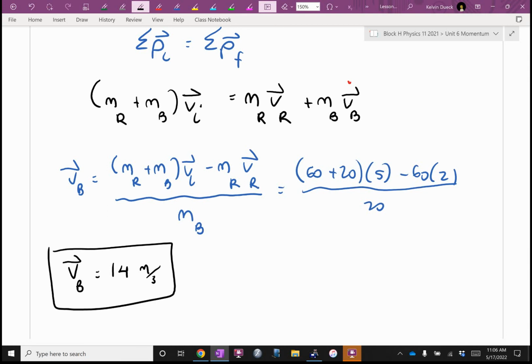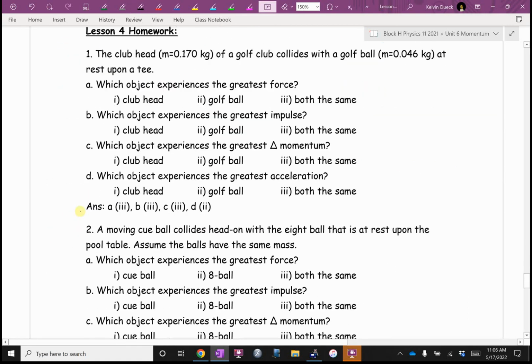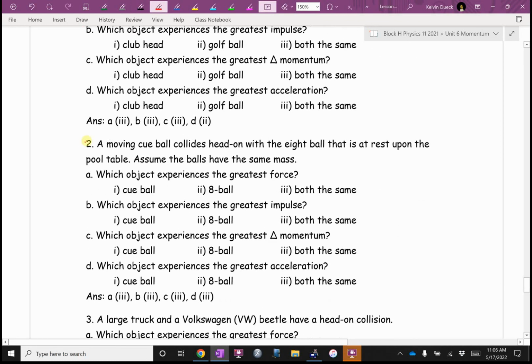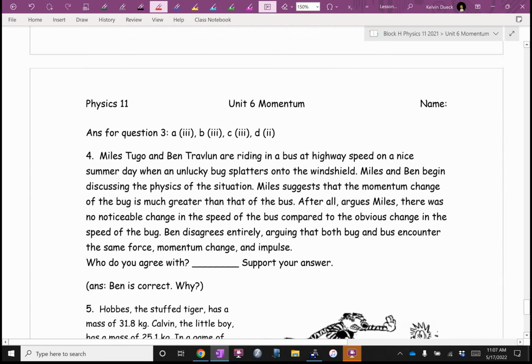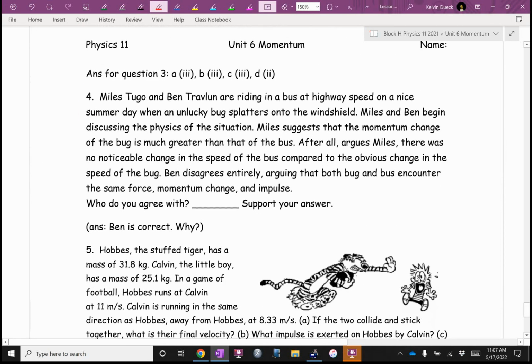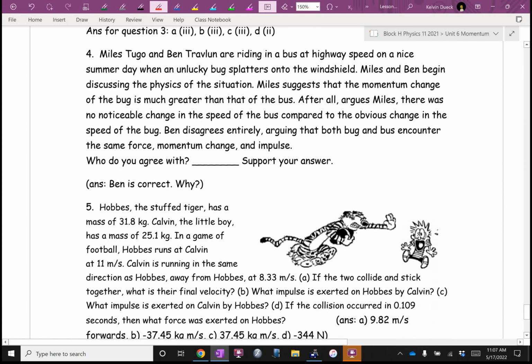What's your homework? Number 1 is good. 2 is good. 3 is good. The answers for question 3 appear on the next page because for some reason I just couldn't fit it on there. Okay.